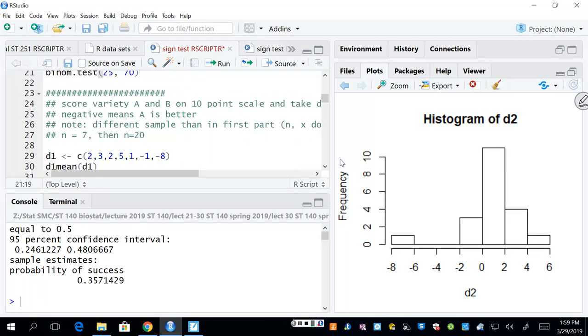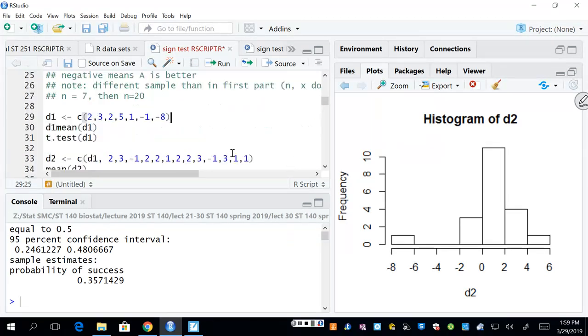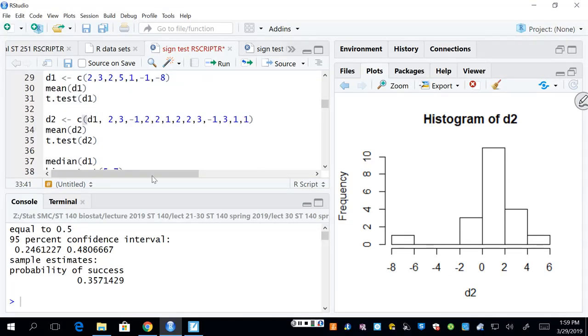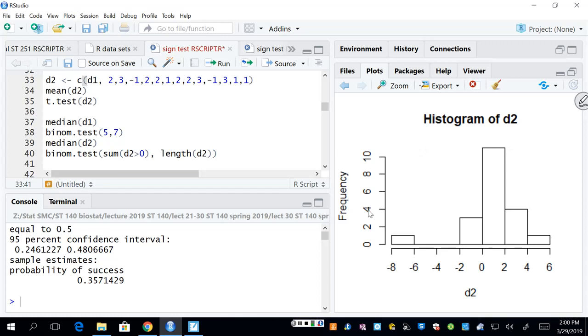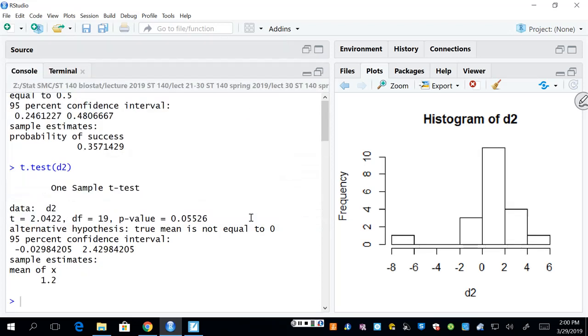So again, going back to this data, if you do a t-test based on this one, this t-test, like we saw here with these data, was not quite significant, right?